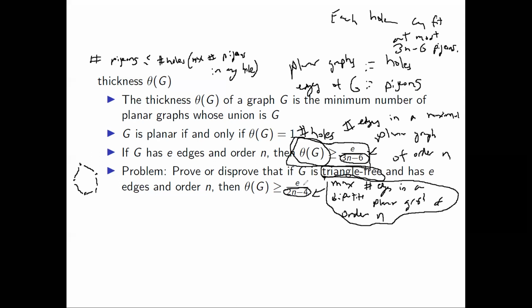So I claim if you use the same proof that we used in that video, you can also get a bound on the maximum number of edges in a triangle-free planar graph of order n. And using that, that should help to get the bound, this lower bound on thickness that you're trying to prove. And that's all I'll mention for that.